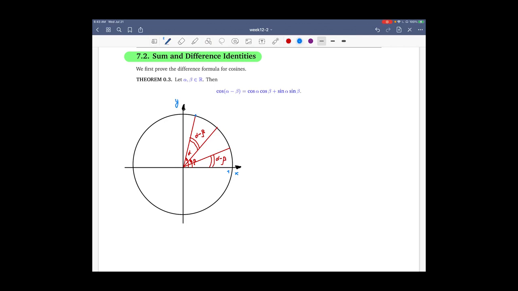Let's say this point is A, this point is B, this point is C, and this point is D. What are the coordinates of these points? The coordinates of A are cosine alpha, sine alpha. The coordinates of B are cosine beta, sine beta.